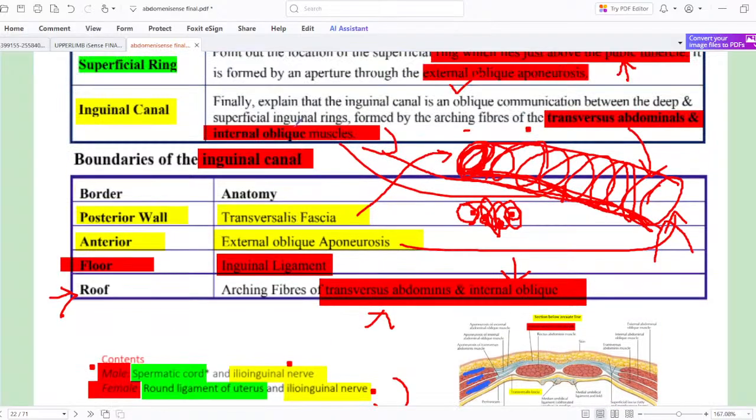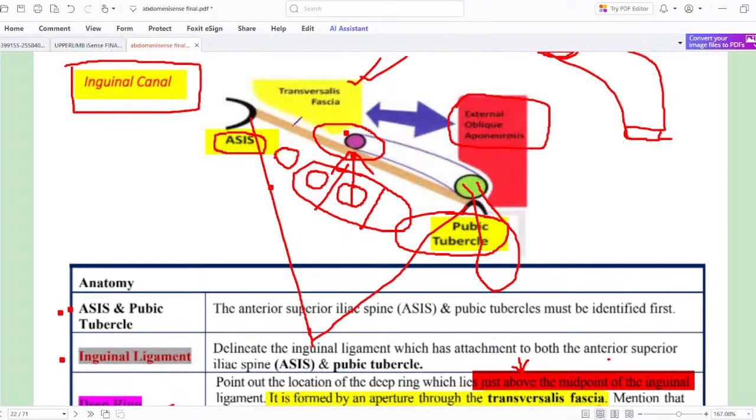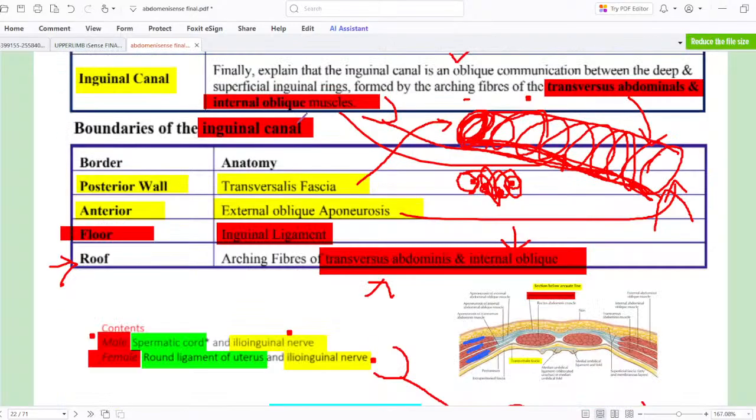So, the boundaries of the inguinal canal. First, the anterior wall, formed by the external oblique aponeurosis.